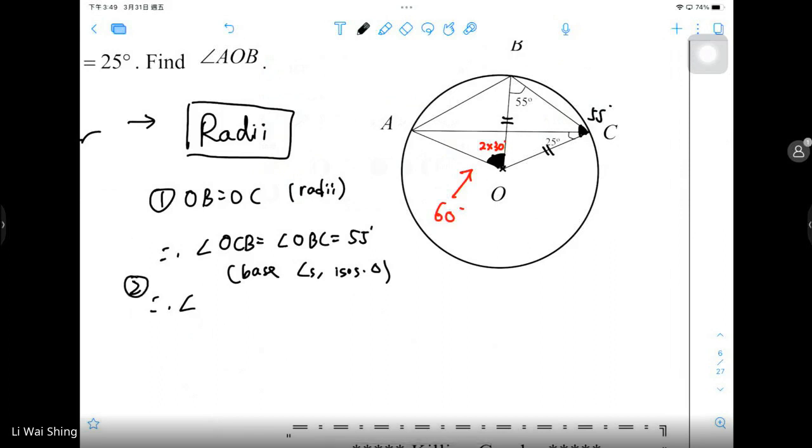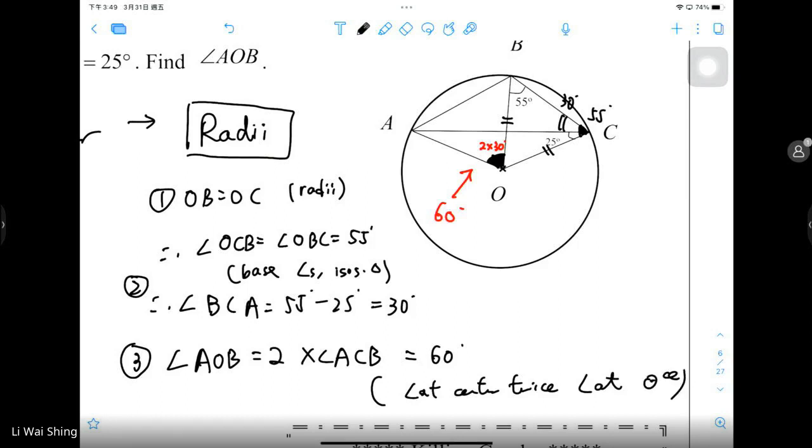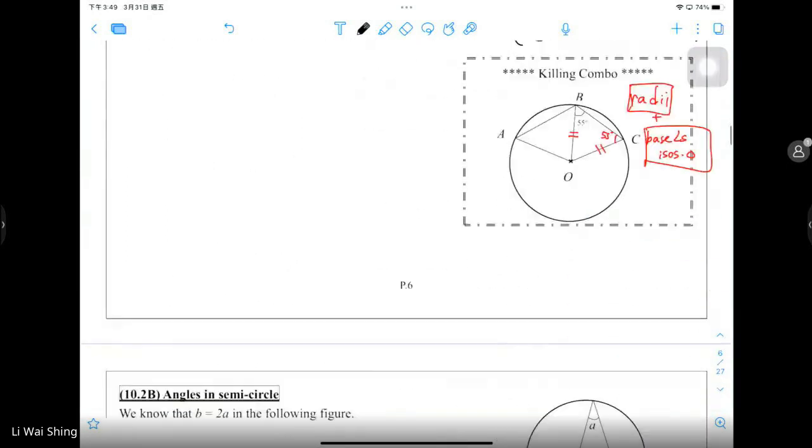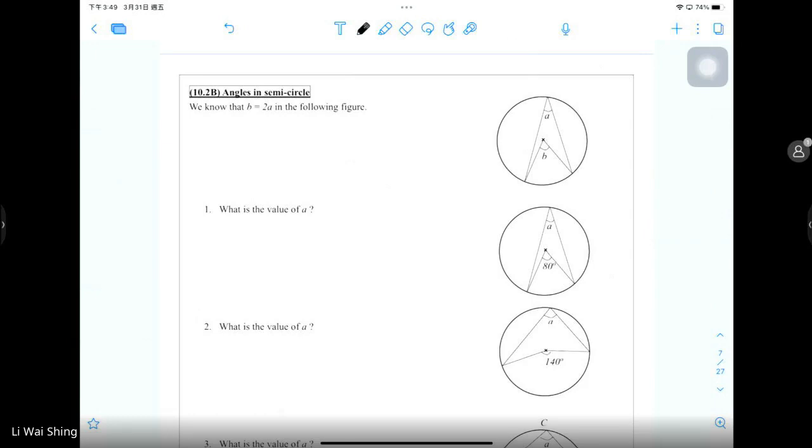Therefore, angle BCA equals to 55 minus 25, which is equal to 30 degree. At last, angle AOB is twice of angle ACB. Angle at center twice angle at circumference. Finished. I will give you a lot of practice later, so don't worry too much. Now let's go to the next reason and then we are done. Introduction to the next reason.